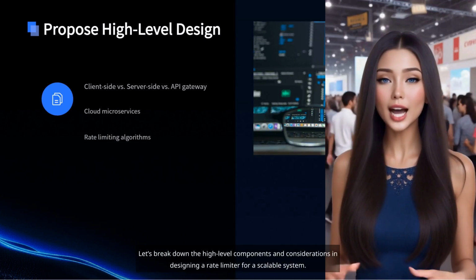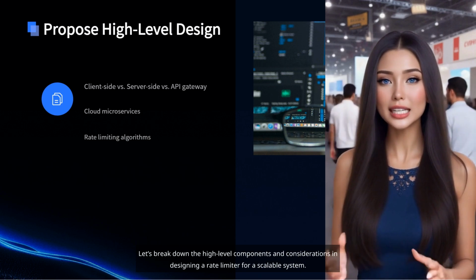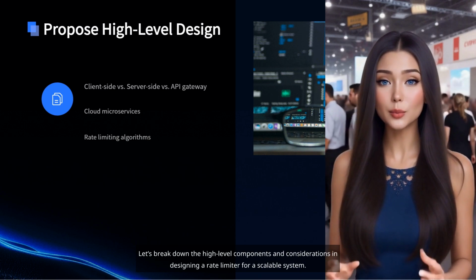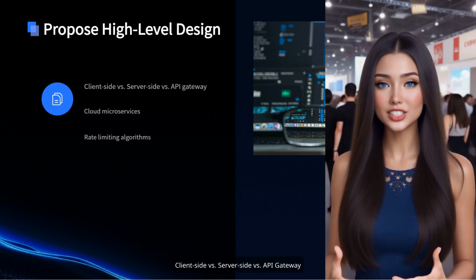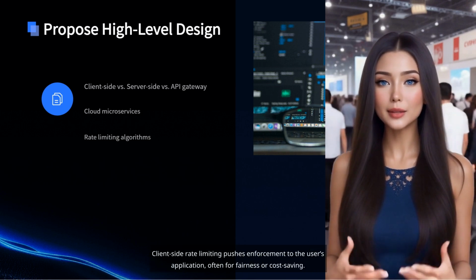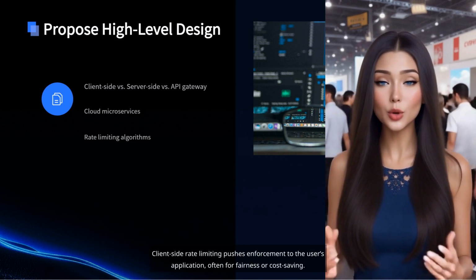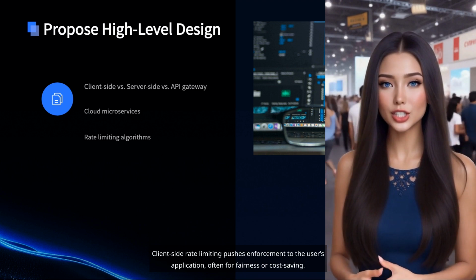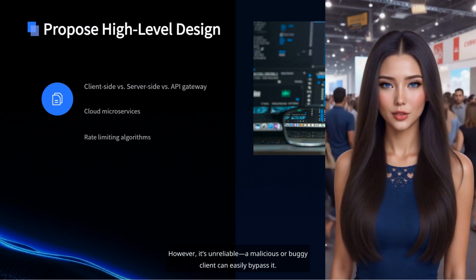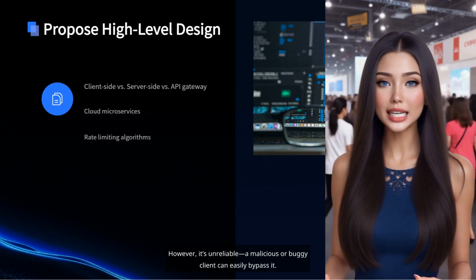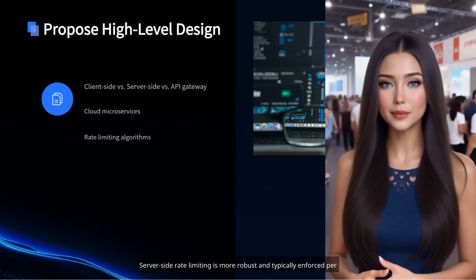Let's break down the high-level components and considerations in designing a rate limiter for a scalable system. 1. Client-side versus server-side versus API gateway. Client-side rate limiting pushes enforcement to the user's application, often for fairness or cost saving. However, it's unreliable. A malicious or buggy client can easily bypass it.